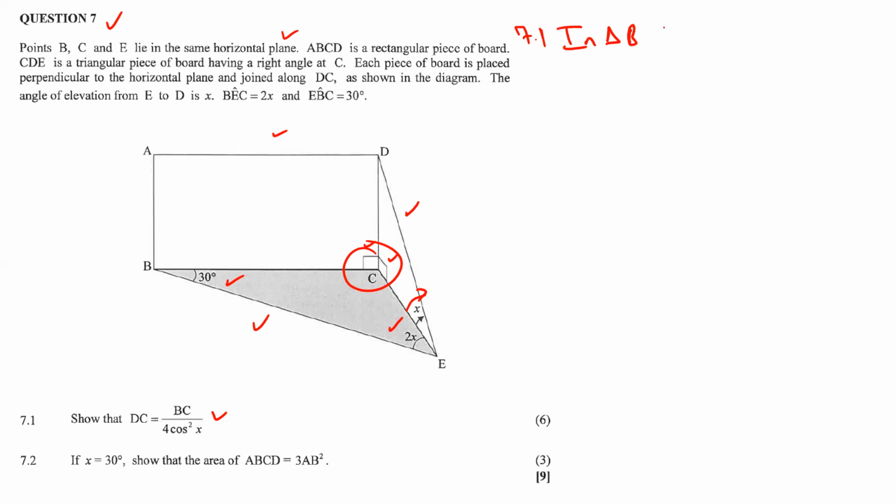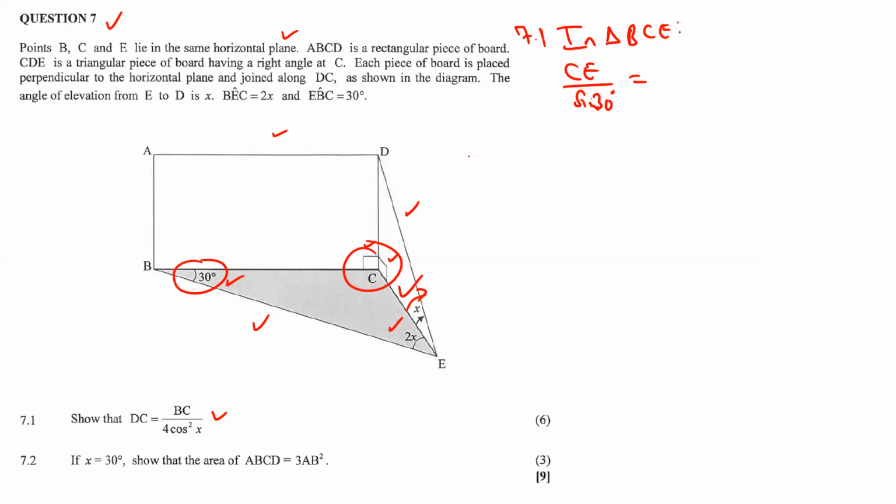BCE. Right, so in this triangle, we shall say CE over the sine of the angle opposite. CE is this one. The angle opposite is going to be 30 degrees.